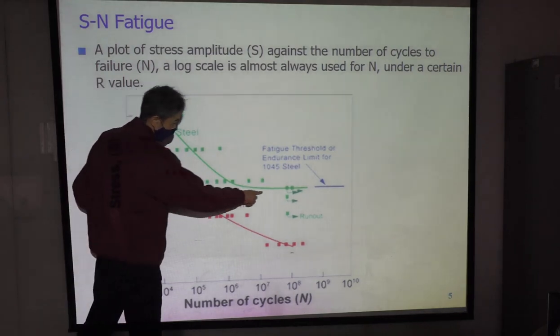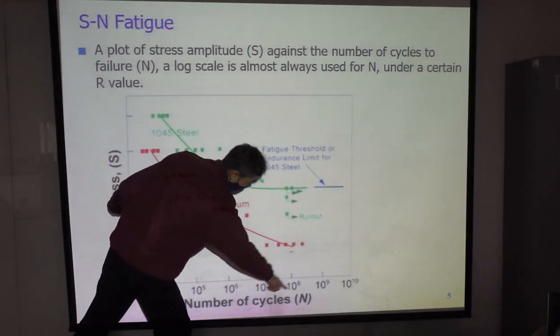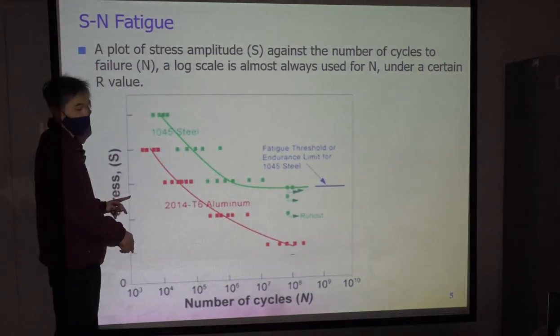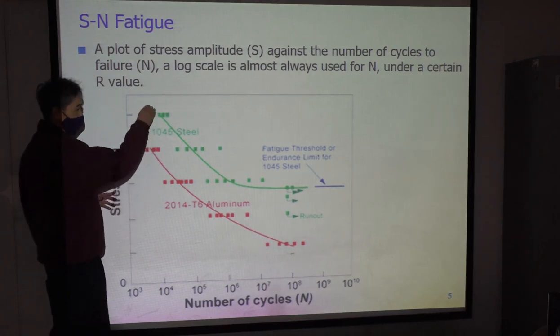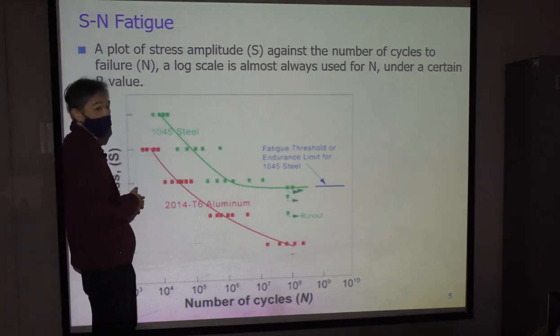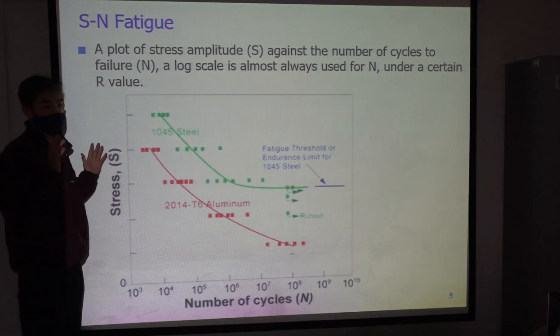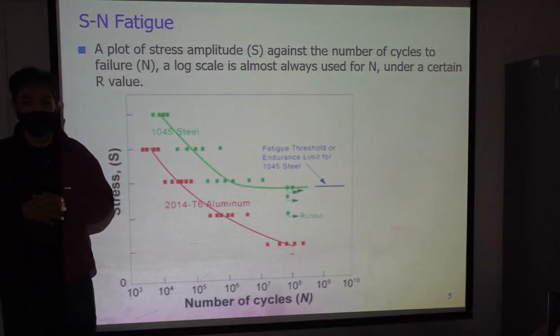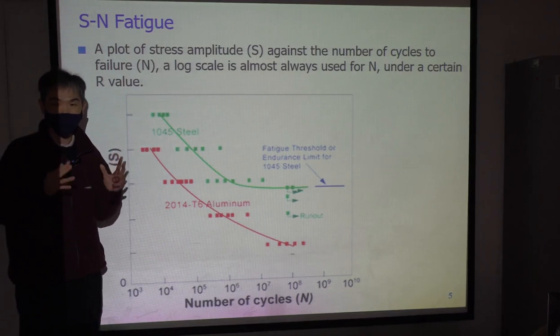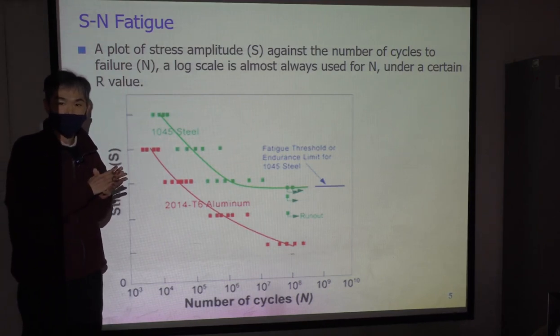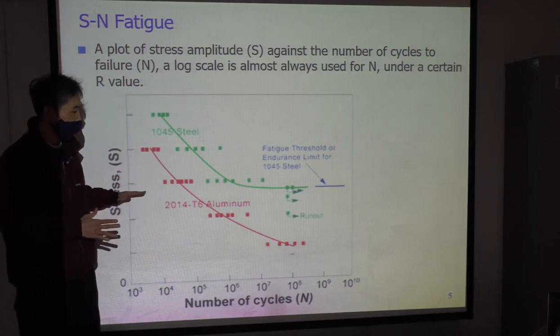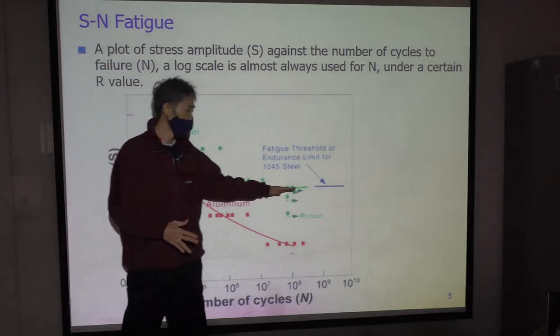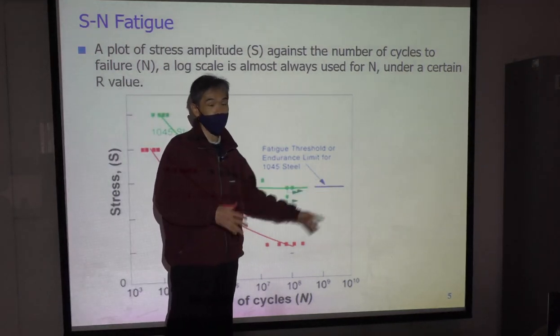So it may take 10 to the 8 cycles to break. So we have this stress cycle curve. This figure will tell us what's the safe stress we can apply, so the product will last for a long, long time.